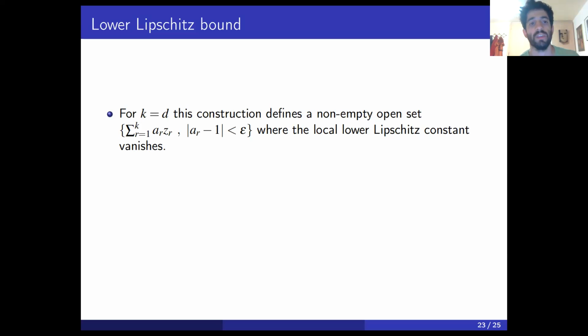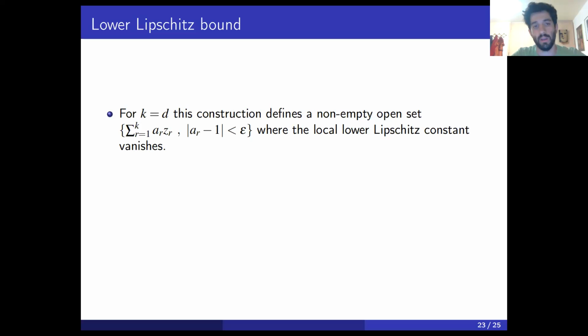So now again, we have a non-empty convex box of this form, the sum from r equal 1 to k of ar zr, where ar is very close to 1, where again the local lower Lipschitz constant vanishes.